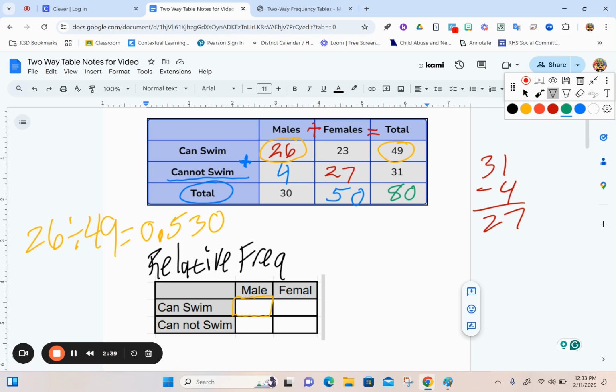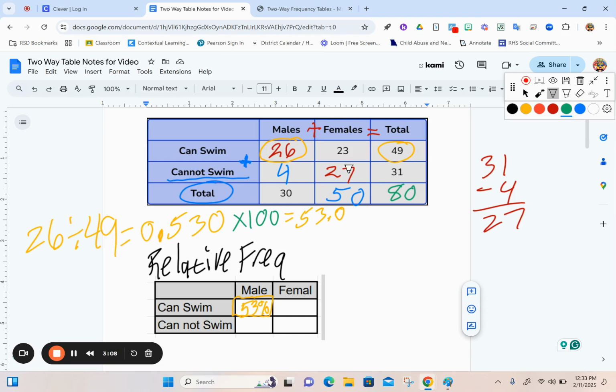Then I'm going to take that number times 100 to make it into a percentage. So hit times 100, and that's going to be 53.0. So that will be 53%.